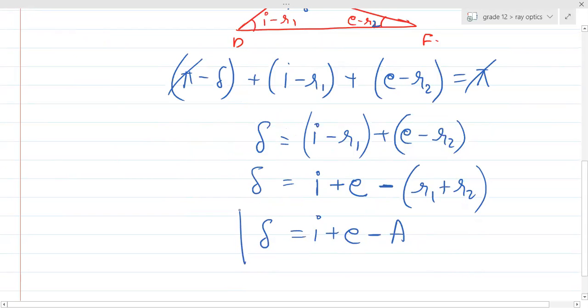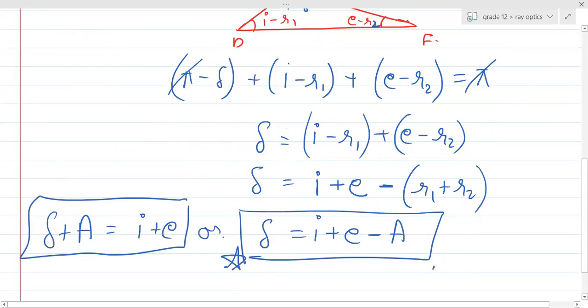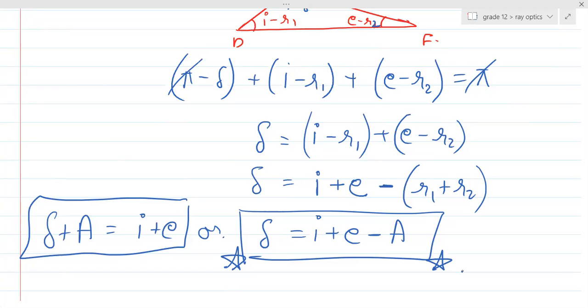A. So delta is basically this, or you can remember it like this. It's up to you, whichever you want. Generally, people use this, right? Is it clear? Yes, sir.